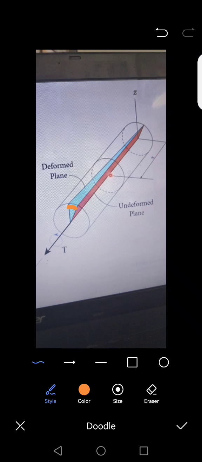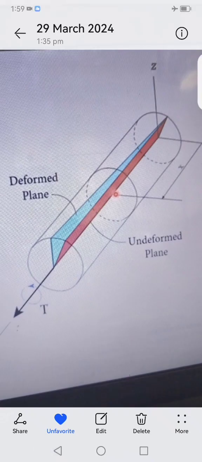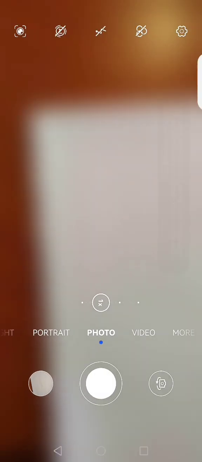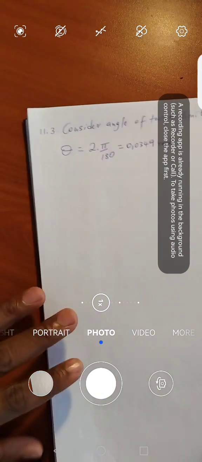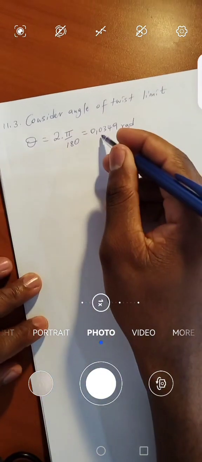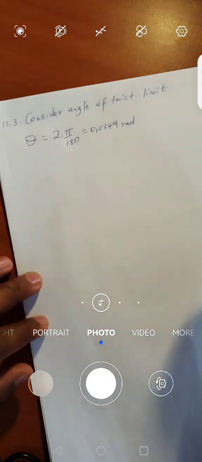So it must be either 2 degrees or any angle less than 2 degrees, but it mustn't be more than 2 degrees. So once it becomes more than that, then there will be the chances of this thing breaking or failing. So to avoid that failure or that chance of failing, then we must make sure that this angle of twist doesn't become more than this or more than 2 degrees.